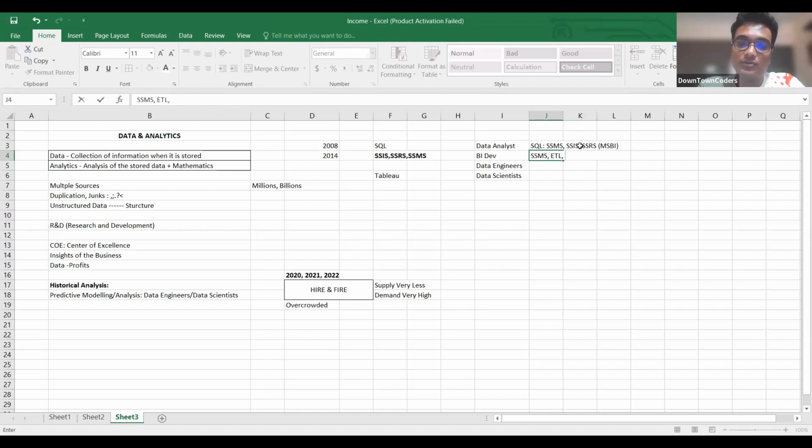So they need an understanding of a visualization tool, which can be Tableau, Power BI, QlikView, different things are there. These tools are called VizQL. VizQL stands for visualization together with SQL.